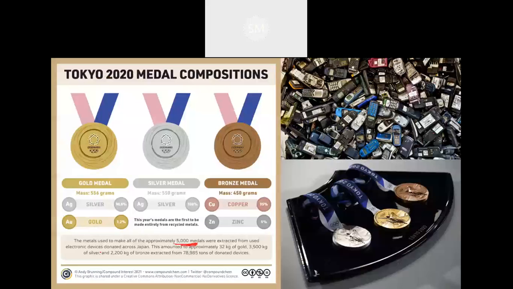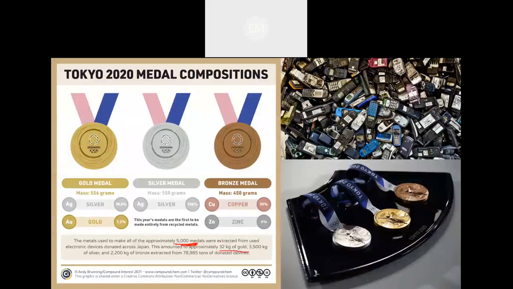They collected these across Japan, and see how much gold, silver, and bronze they were able to extract from these donated devices. Almost 32 kg of gold. Can you imagine how much it is? It is throughout Japan, but still this much gold they could get back from the electronic items. Otherwise, it would be a waste and would go directly into the soil.